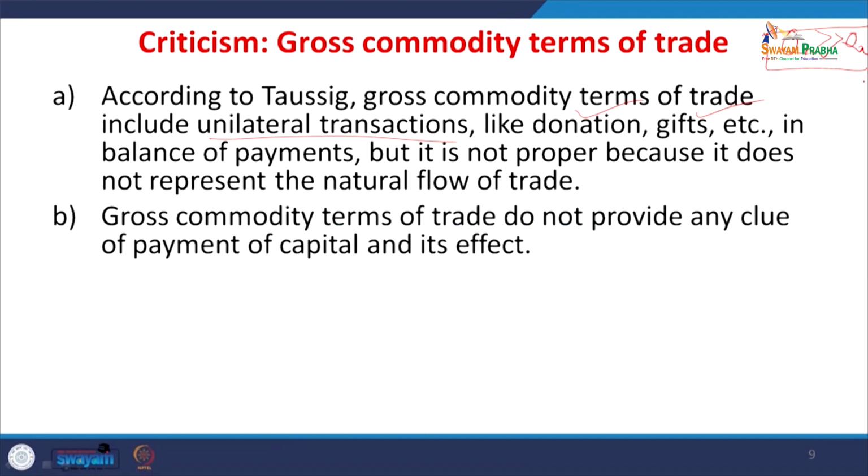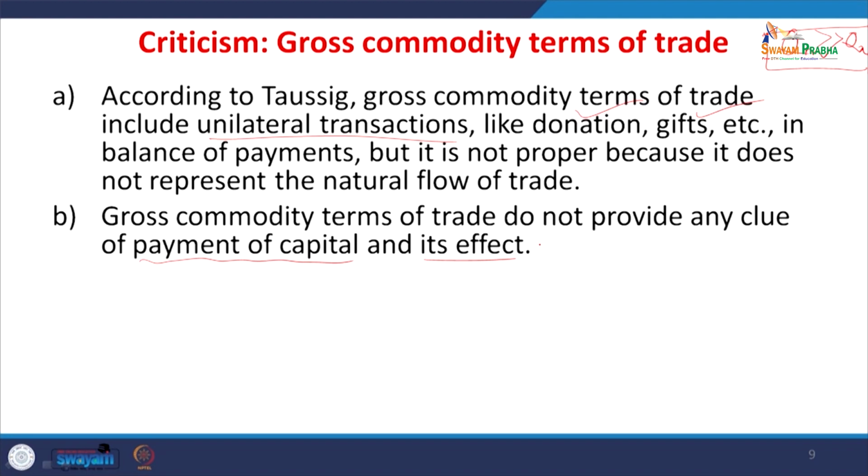Now, similarly, this does not provide any clue of payment of capital and its effect. We are only confining ourselves to the discussion of the exchange of quantities or commodities, whereas the quid pro quo payments are not discussed, payment of capital and its further effects are not discussed.